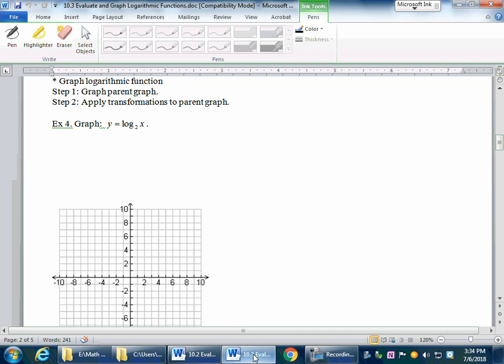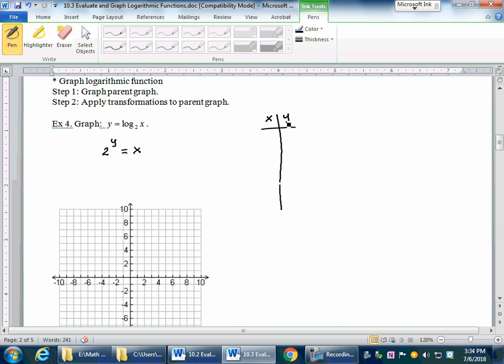So to get this graph correctly, the first thing that we do is rewrite this into exponential form. That means 2 to the y power is equal to the argument x. And we use this exponential equation to plot the points. Instead of plugging in for x, now we plug in for y.